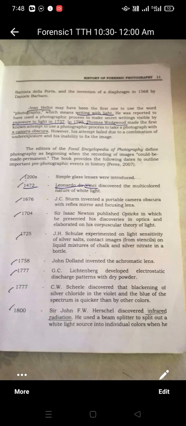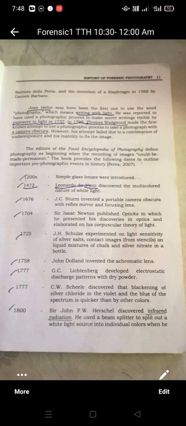In 1777, G.C. Lichtenberg developed electrostatic discharge patterns with dry powders, and in the same year, C.W. Scheele discovered that the blackening of silver chloride in the violet and blue of the spectrum is quicker than by the other colors.